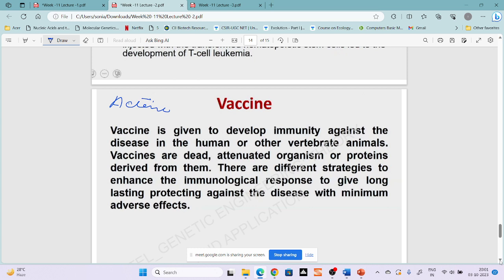Can anybody tell me what does it mean? What is passive and active? Passive, we are giving ready-made antibodies, and in active, we are just giving the immunogen, and our body is producing the antibody. Okay. So will a vaccine come under passive or active? Ma'am, active, artificial.